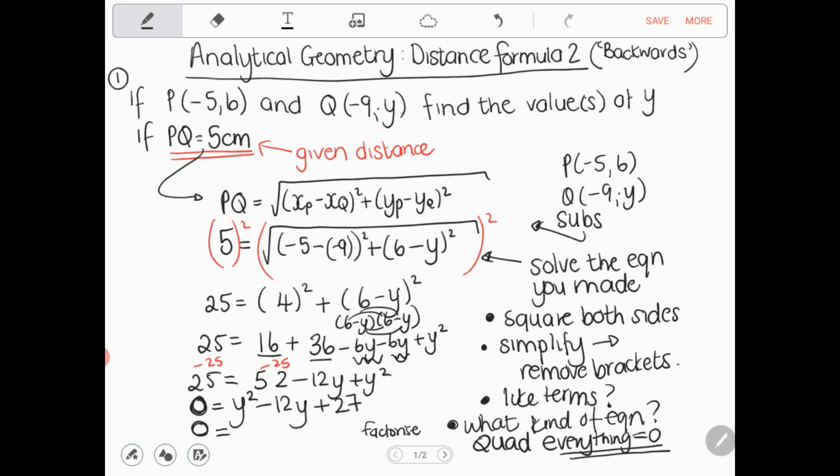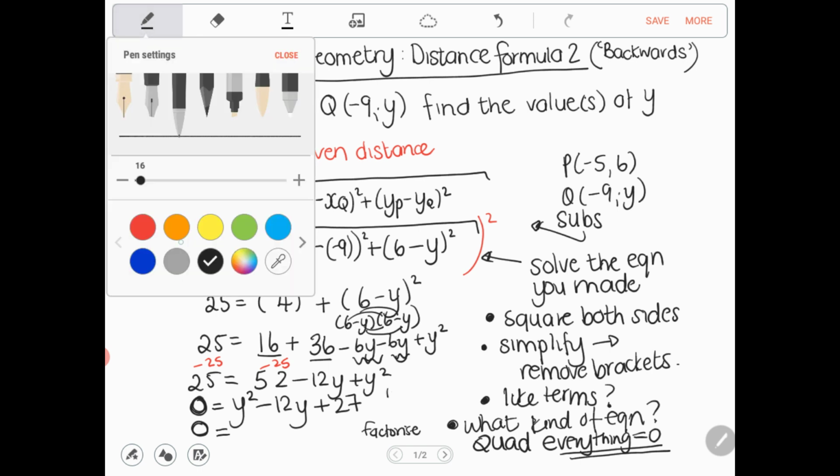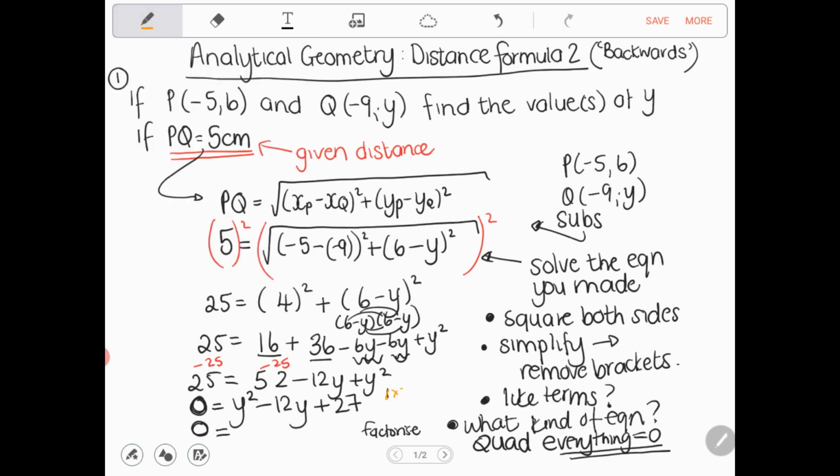Okay, so I'm looking for numbers that multiply to give 27, and add to give 12. Okay, so 27 could be 1 times 27. Let's just do that in another color. 3 times 9. Oh, there we go. Those two numbers multiply to give 27, and they add to give 12.